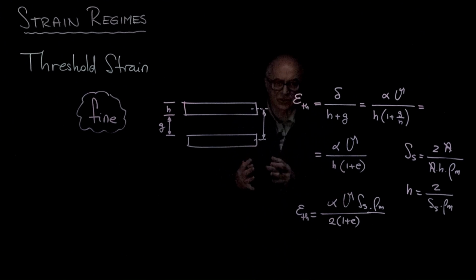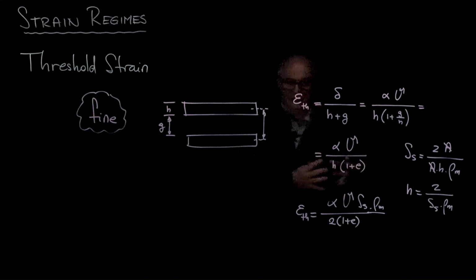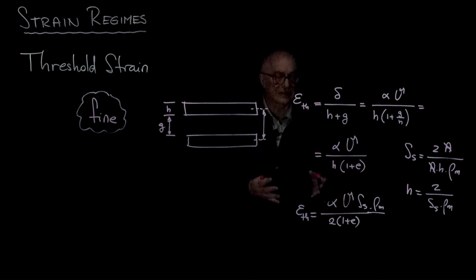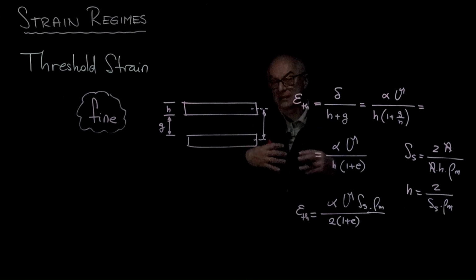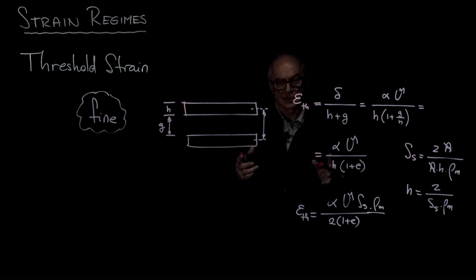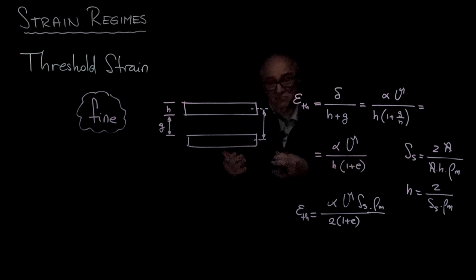The threshold strain increases with the confinement, but it also increases with the specific surface and with the thickness of the double layer. For example, the threshold strain for Mexico City soils to experience destructuration, the breaking of the structure, can be as high as a few percent, 5%.